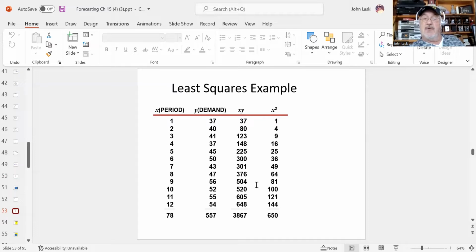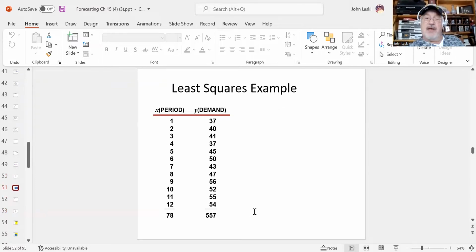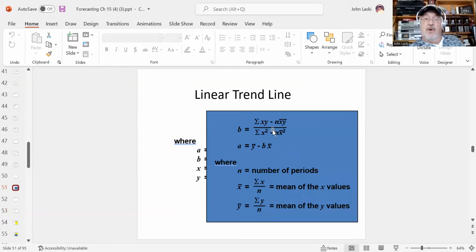Well, what did we need in the numerator? We needed the sum of the xy's. So now we have xy's, sum the xy's, and we have 3,867. The other thing that we needed, in the denominator, was the sum of the x squareds.